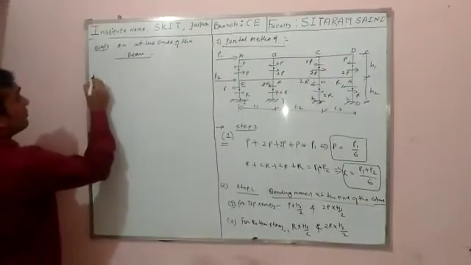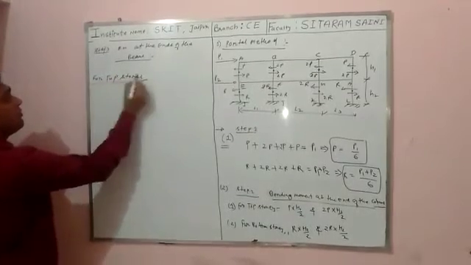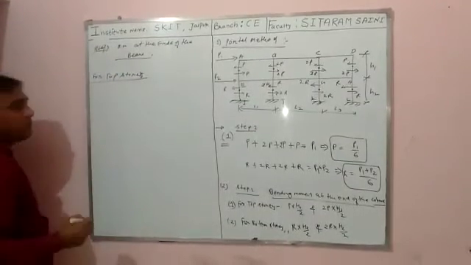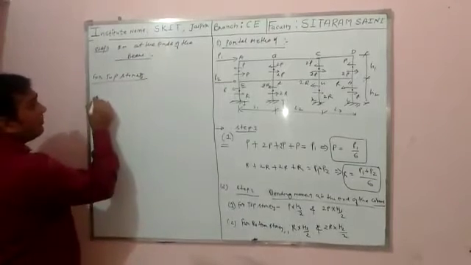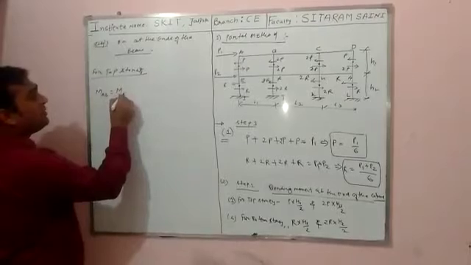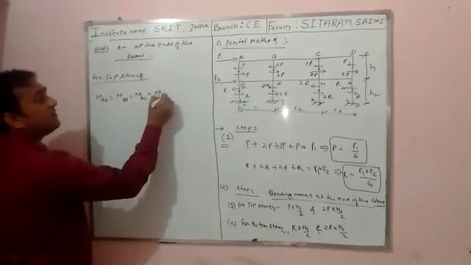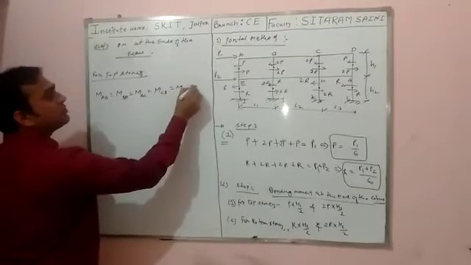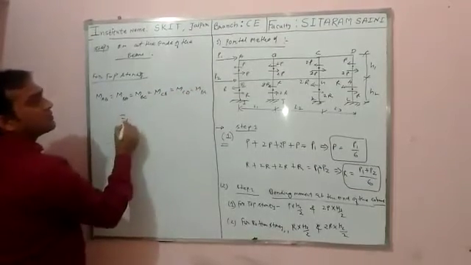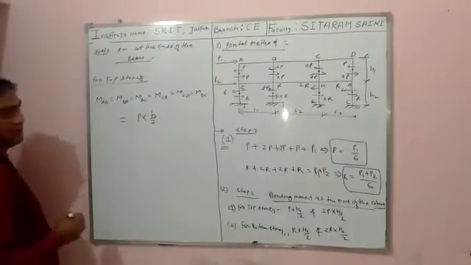Now for the top story, moment MAB equals M, MBA equals M, MBC equals M, MCB equals M, MCD equals M, MDC equals P into H1 by 2 only.